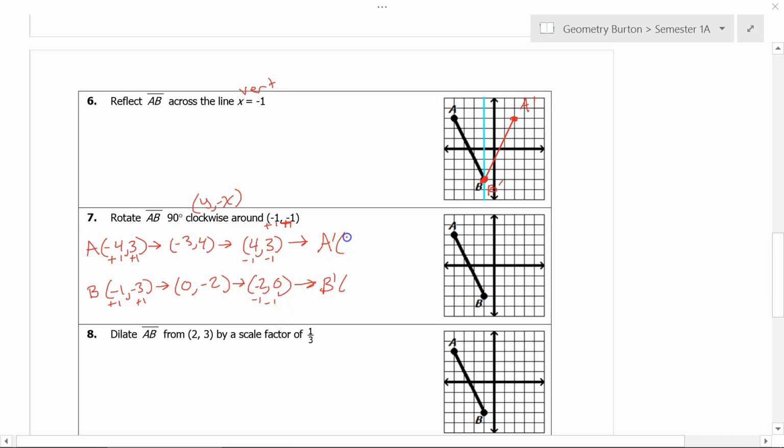So that's going to leave me with 3, 2 and -3, -1. So this will be the final answer. So 3, 2, okay, will be my A prime, and -3, -1 will be my B prime.